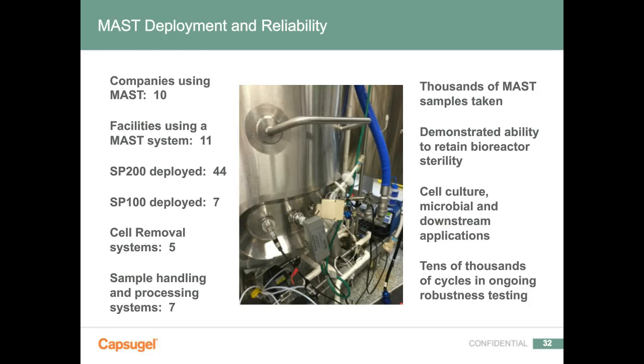So moving on to discuss the MAST deployment and reliability, where we are now. We launched this product in October. We've been developing it for about 4 or 5 years with multiple clients. So 10 companies have used the MAST system out there.